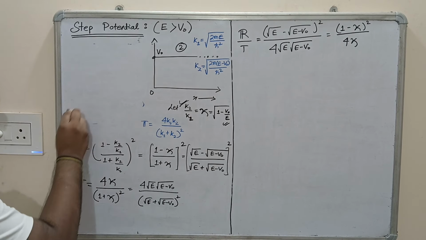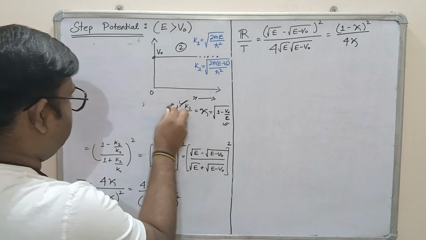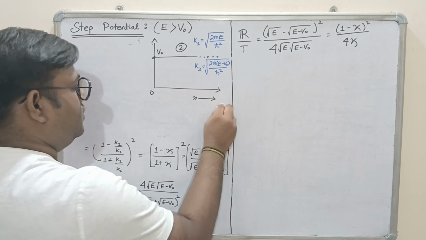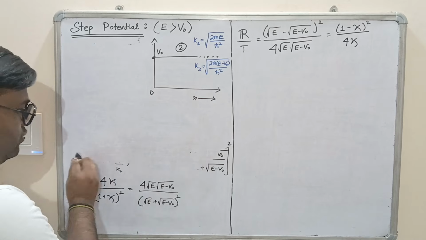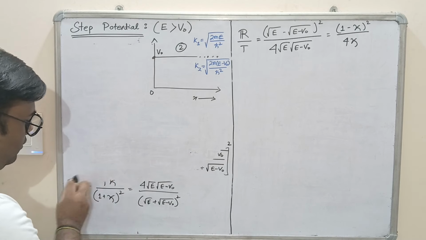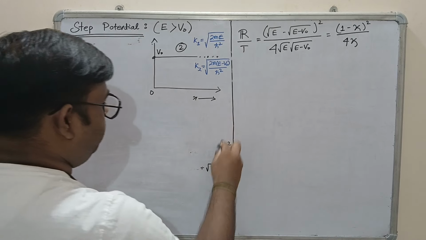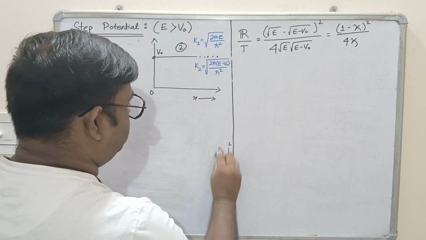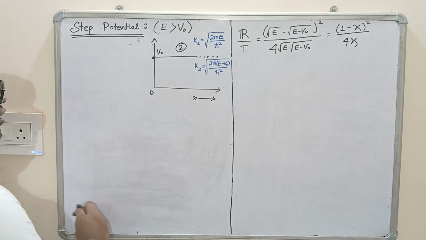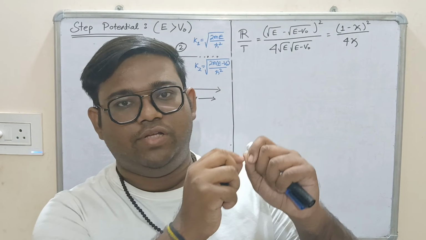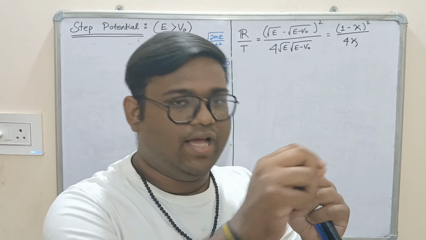Because that part is going to give us a hint of some bigger phenomenon in quantum mechanics, which is called quantum tunneling. So it will not explain quantum tunneling completely, but it will hint that something like this can happen.